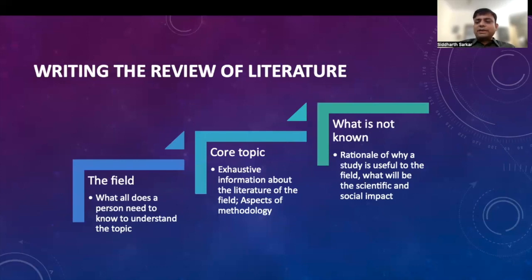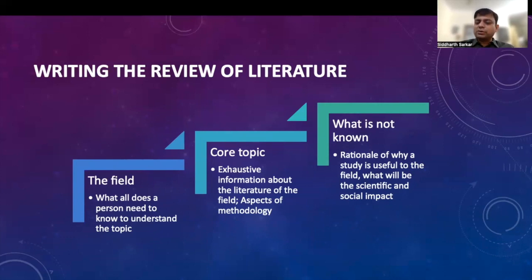Now, how do you go about writing the literature review? You generally tell about what the expanse of the field is, what all does a person need to know about the topic. You can tell about the generic things about the topic. Then you move towards the core topic. So before you tell about the core topic, you can just tell about the field in general.